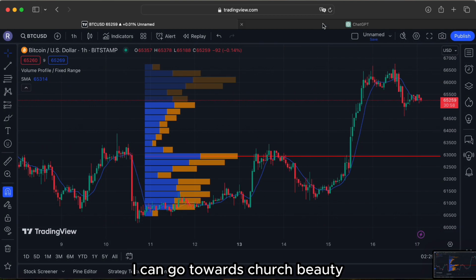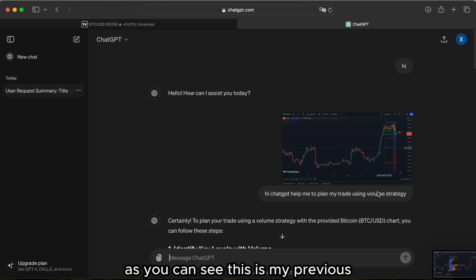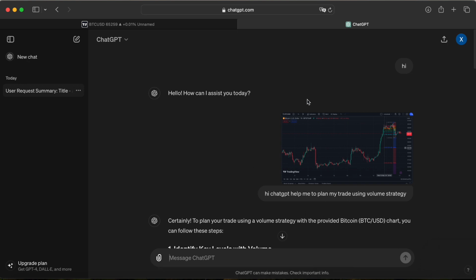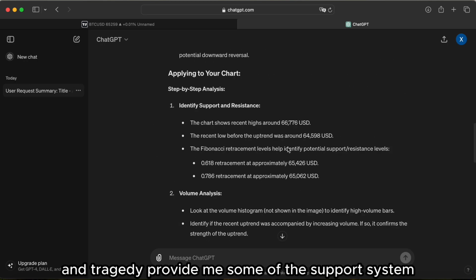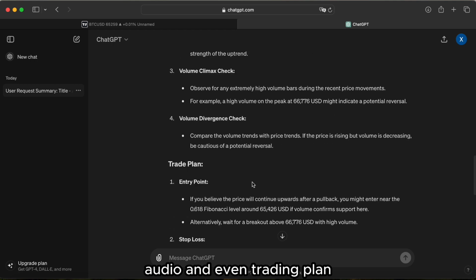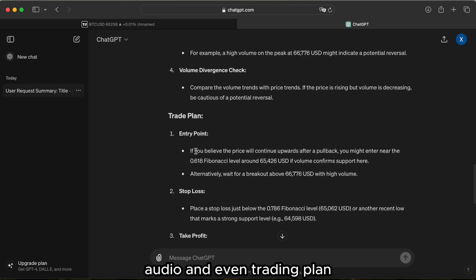I can go towards ChatGPT. As you can see, this is my previous inquiry on how to plan my trade, and ChatGPT provided me some support, resistance, volume, and even a trading plan.